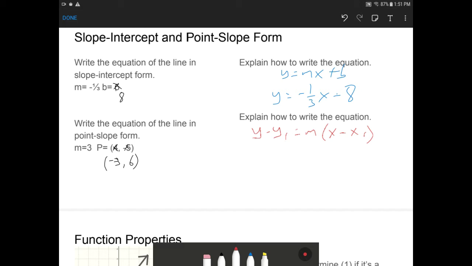So that's going to be y plus 3 equals 3 times x minus 6. No, that's not correct. Sorry. This is why you should label these first. Alright, that's x1, that's y1. So the 6 goes here, and then the plus 3 goes here.